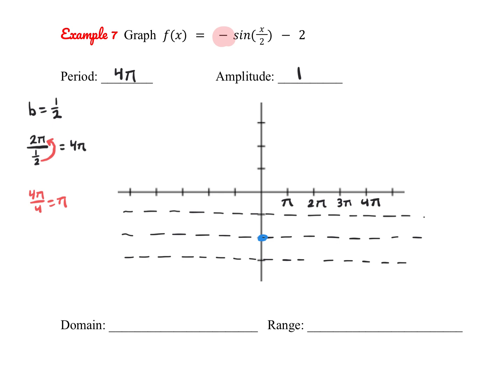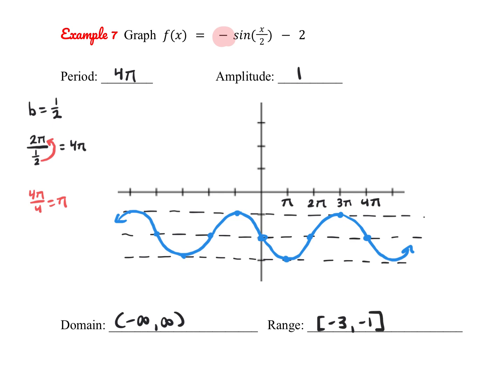So we go down, middle, up, middle, and then follow that same pattern, but in the other direction. And there you go. Domain is all real numbers, and our range is -3 to -1.